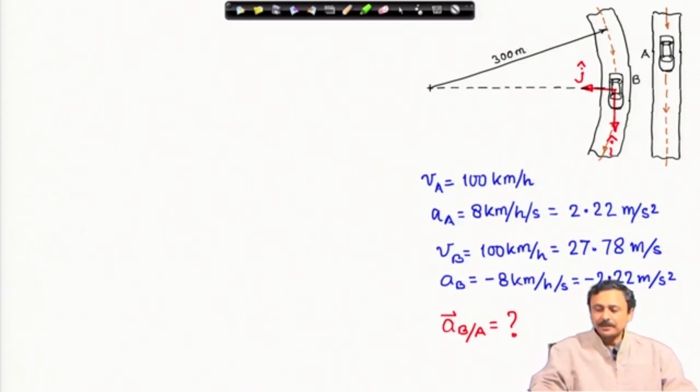Okay. Now, I will use this i cap j cap frame to represent all vectors. Now, here we are given that velocity of A is 100 km per hour, acceleration of A is given as 8 km per hour per second, it is 2.22 meters per second square.